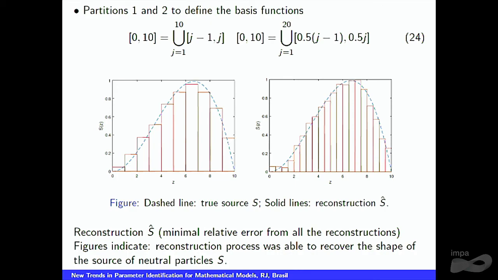Here we have S hat, the solid lines, which is the source reconstruction. The figure indicates that we're able to at least recover the shape of the source in this case.